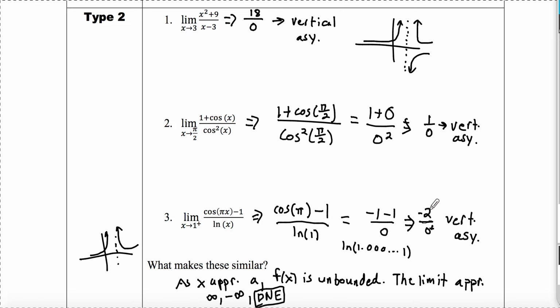So a negative number divided by some really small but positive number, because really we're looking at x just bigger than 1, something like this. So the denominator will actually be a really small number, but positive. So a negative number divided by a really infinitely tiny number, but positive, is going to lead us off into a really big negative number.